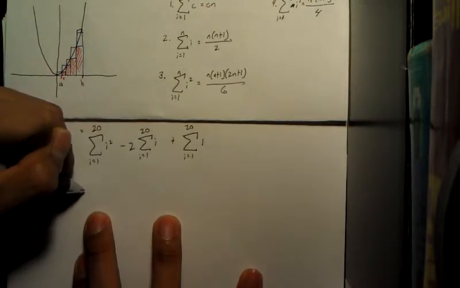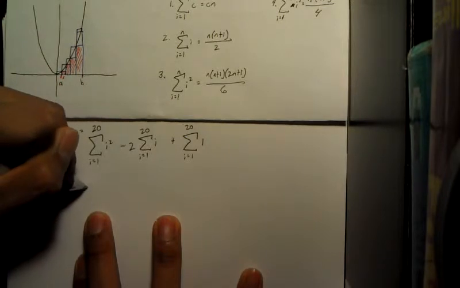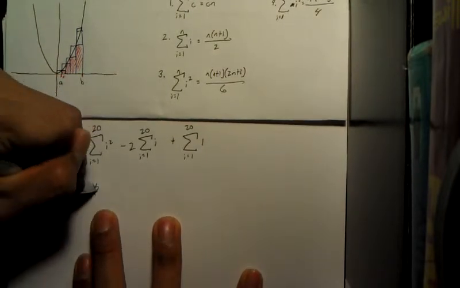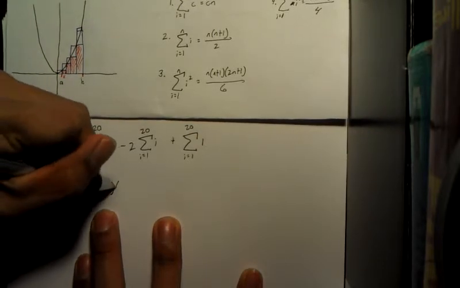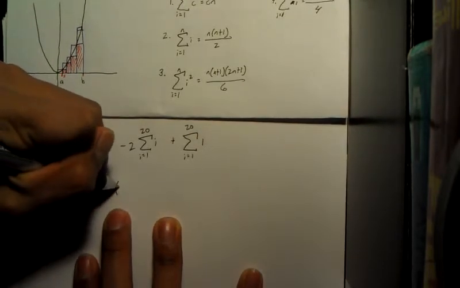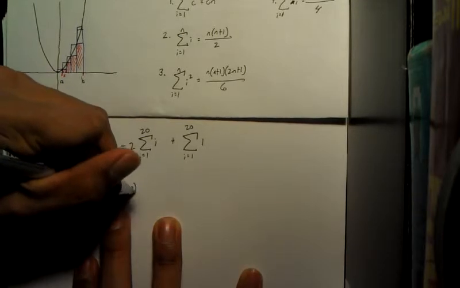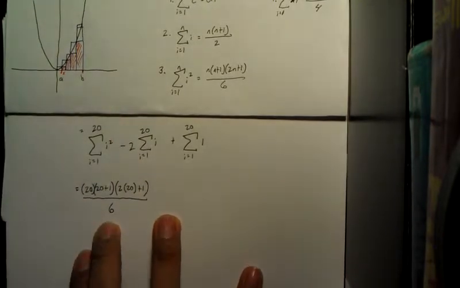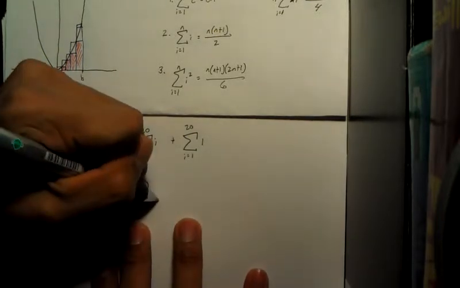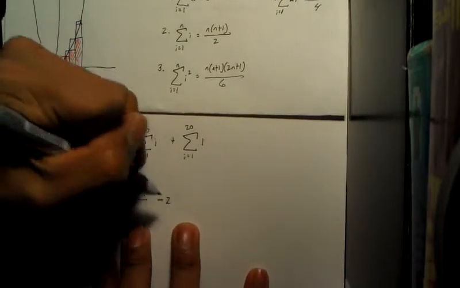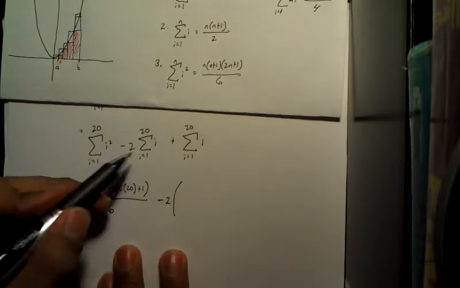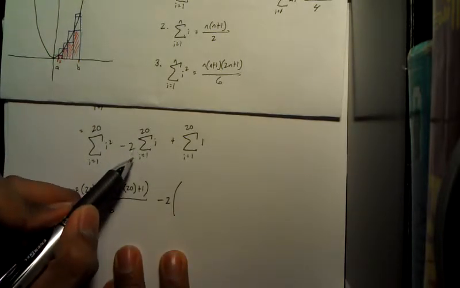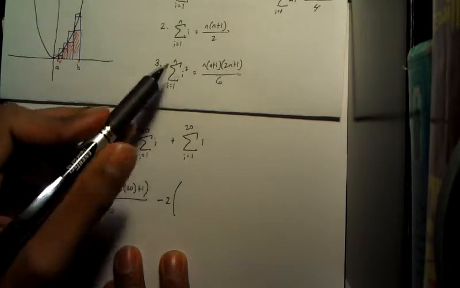So what you'll have is 20 times 20 plus 1 times 2 times 20 plus 1, all divided by 6, minus 2 times, that's just from right here, and now we can make a substitution for i.